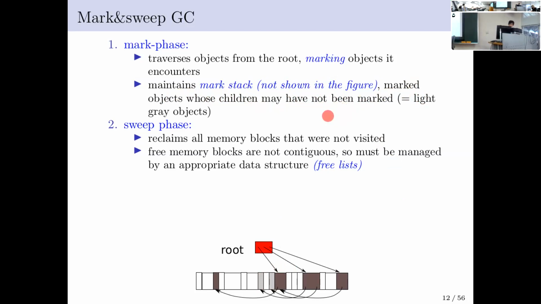During the marking phase, the mark stack is actually the set of light gray objects. So at this instant of the mark phase, these two objects will be in the mark stack. These two objects are important because you have to work on them. Oh, I'm sorry. This state is not.